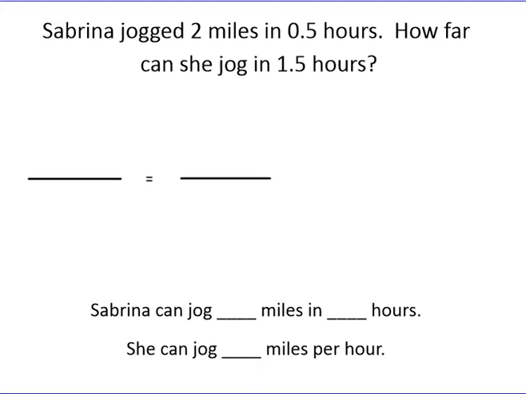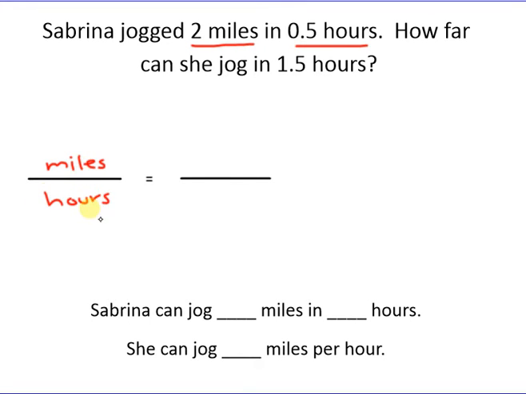All right, I'm making this one a little bit harder. I'm taking more away from you. Sabrina jogged 2 miles in 0.5 hours. How far did she jog in 1.5 hours? So, all we need to do is take it in the order that we gave you. 2 miles, 0.5 hours. Miles over hours.